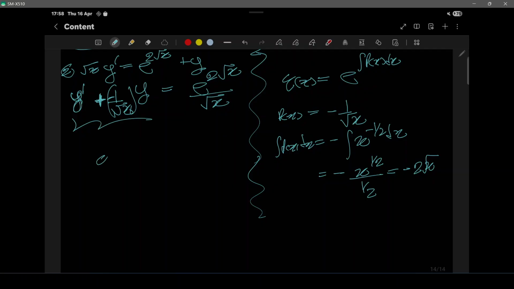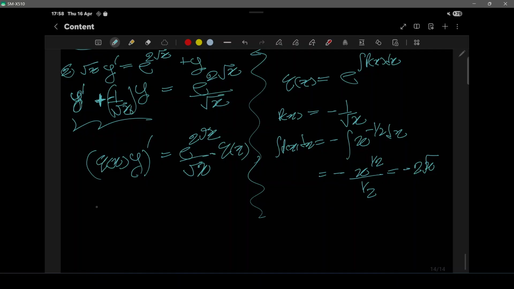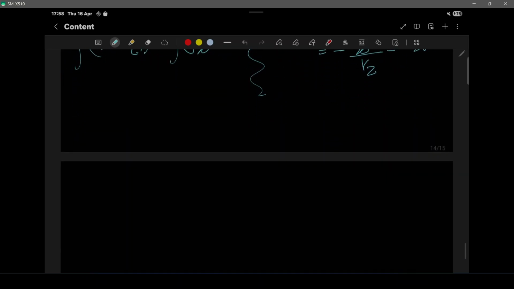So we choose the integrating factor such that it is equal to e to the power of the integral of P(x) dx. Now what is Q(x)? Before that we have to integrate the whole term with respect to x.